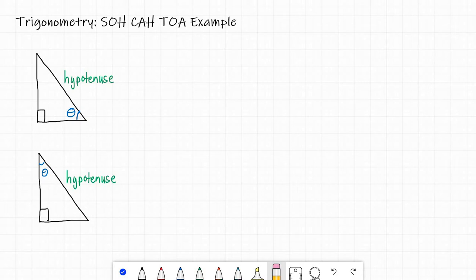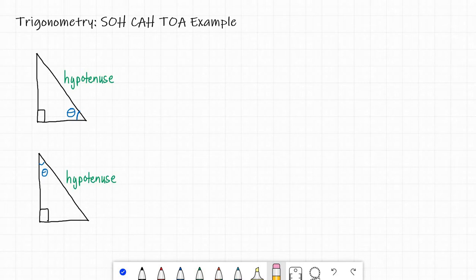And this is the part where it gets a little bit hairy, because the opposite side and the adjacent side, where that goes, actually depends on the angle that you are considering. So in the upper triangle here, I've drawn the angle that I'm considering to be the one on the bottom right corner.